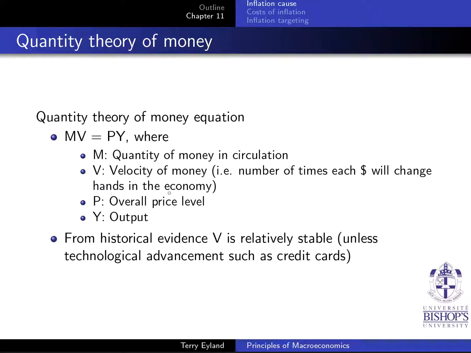So imagine that in a certain year, there's $1,000 being spent. If there was just a $10 bill, that $10 bill must have changed hands 100 times. That's the whole idea of velocity of money.